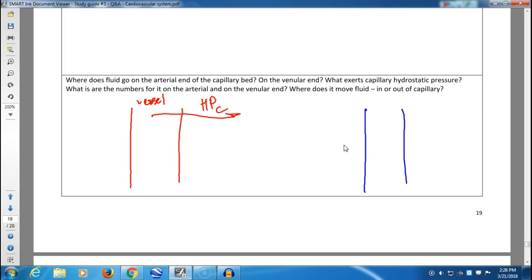Another hydrostatic pressure is interstitial hydrostatic pressure. I'm going to write HPI. It's going to be really low because it's actually what? 0, because everything drains in lymphatics, right? Two other pressures. Osmotic capillary. Where does it take fluid to?